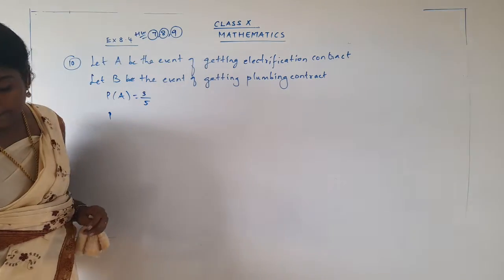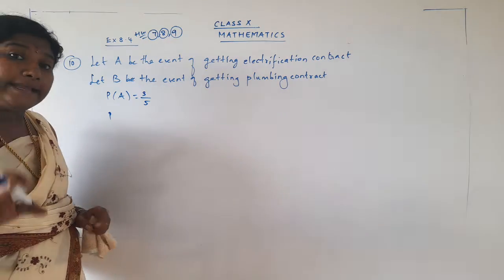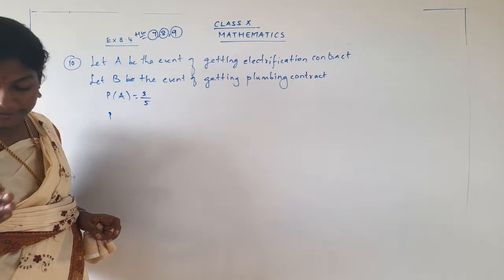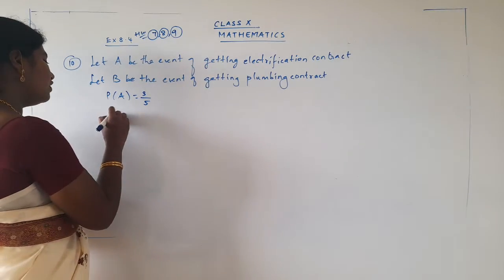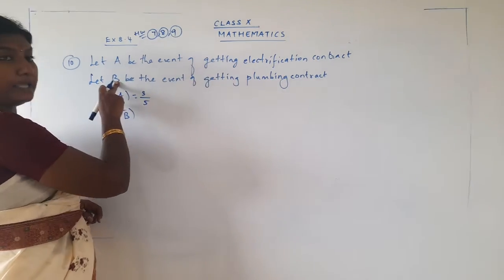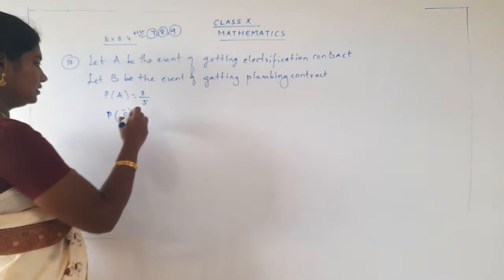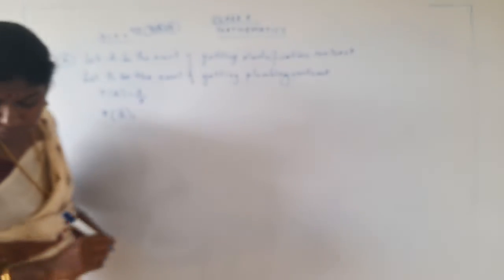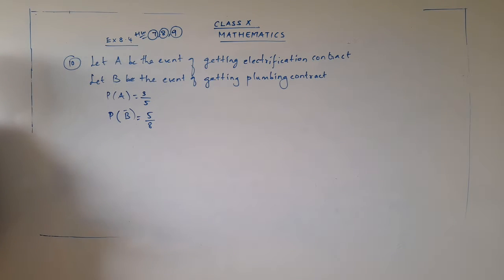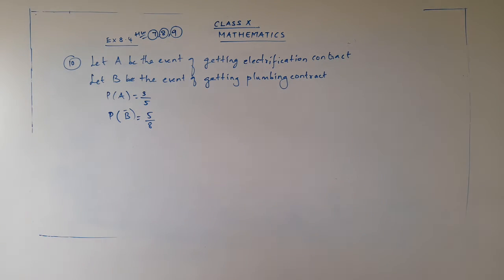Now, the next statement: he will not get plumbing contract is 5 upon 8. He is getting is B, not getting is B dash. So P of B dash is equal to 5 upon 8. P of A is 3 upon 5.